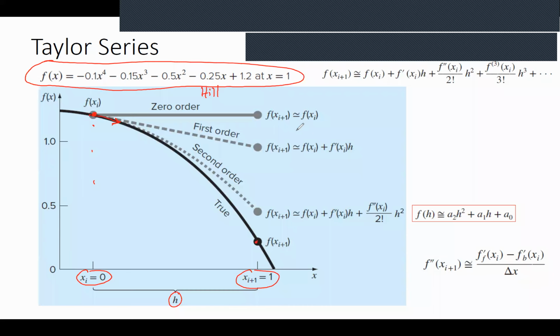The zero order approximation to this problem, I mean, we'd like to get the value of f at xi plus 1. Okay, we may do an approximation, and by considering this series expansion, I can write the function at xi plus 1 as approximately equal to the value of the function at xi.